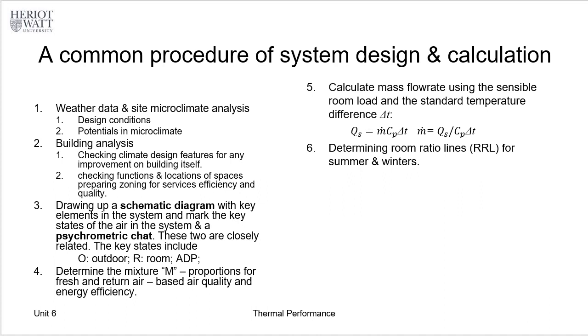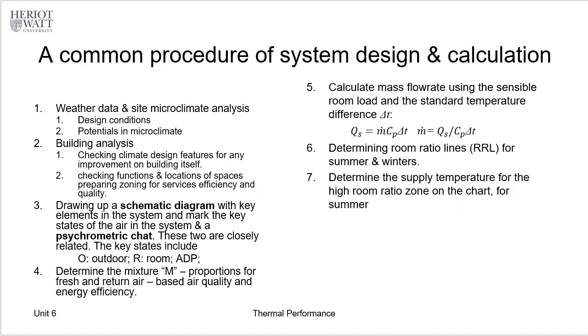Therefore, we can calculate the mass flow rate, m dot, equals the sensible heat divided by Cp and the delta T. From this, we can go on to find it out either by room ratio.